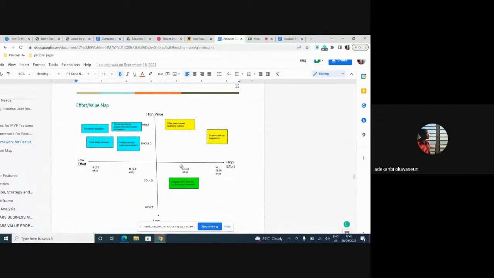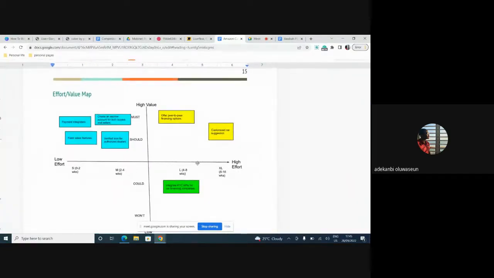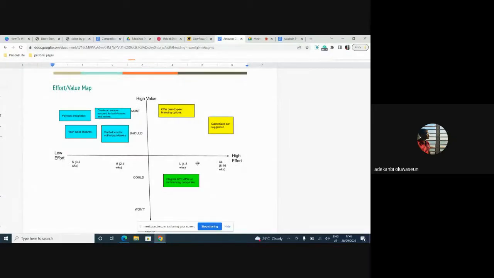Now, this is the holy grail. This is the sweetest part of prioritization, and this is why I love using this particular framework. You're going to combine Moscow and T-shirts to get an accurate idea of what you should do as a product manager. Because you are combining them, you have a better opinion of both value and effort.